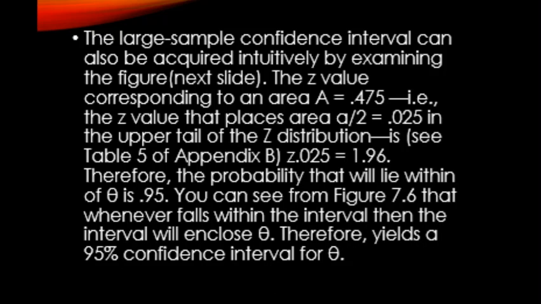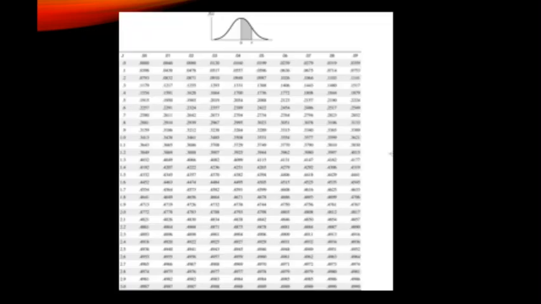Now, if you look at the table, we basically look for 0.475 within the body of the table, and you will see that it corresponds to a Z value of 1.96. So right here.